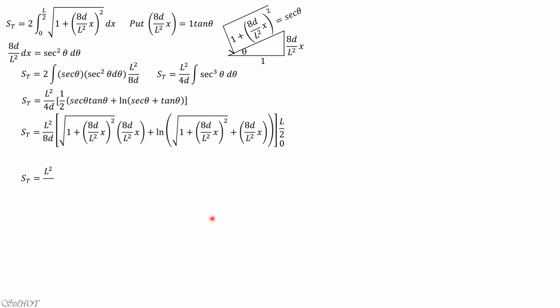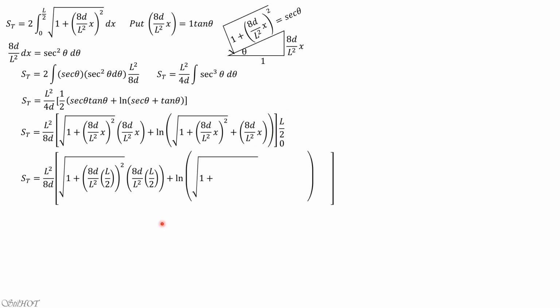So S total is L squared over 8D, quantity square root of 1 plus, so let us substitute the actual value of the upper limit first and observe that it is just 4D over L. You simplify, and minus 0 for the lower limit.